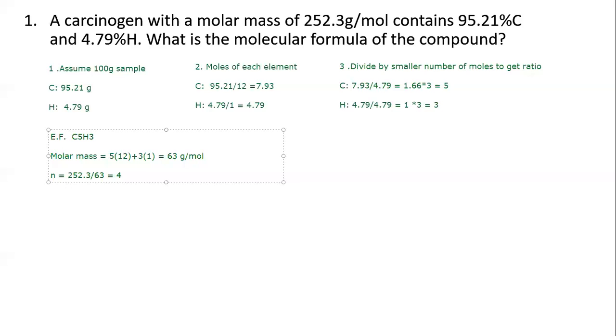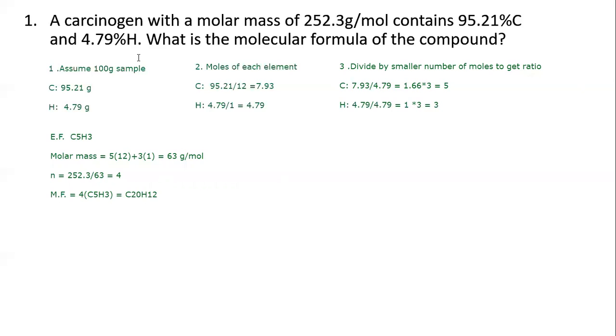So what this means is we have to multiply the empirical formula by 4 to get the molecular formula. So you do 4 times C5H3, we get C20H12. So that's the molecular formula of this carcinogen.